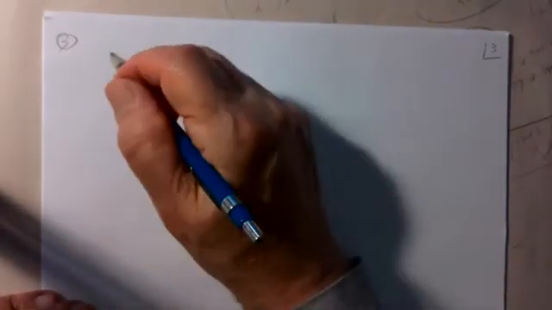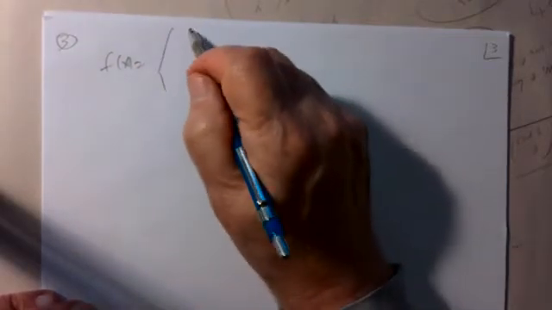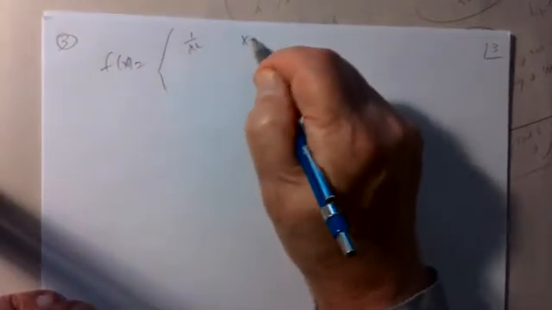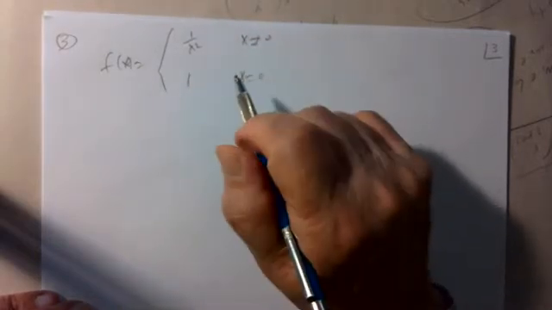What about problem 3? In problem 3, we have the function f of x, which again is equal to 1 over x squared for x different from 0, and we're setting it equal to 1 when x equals 0.